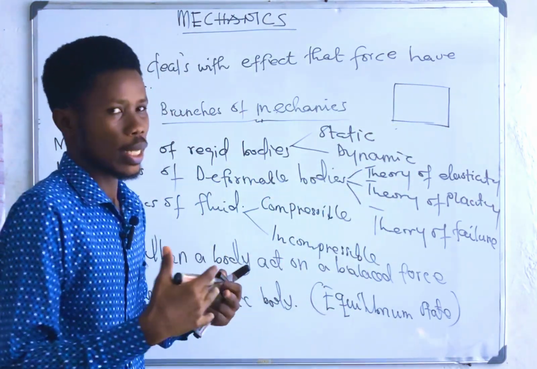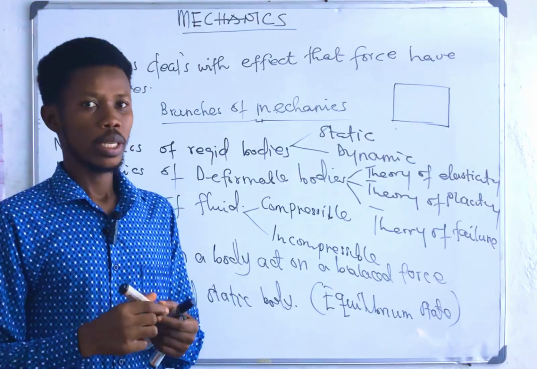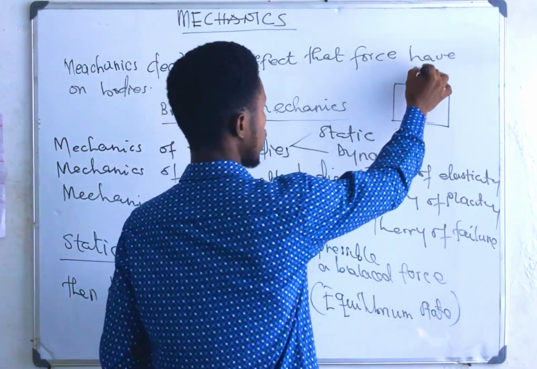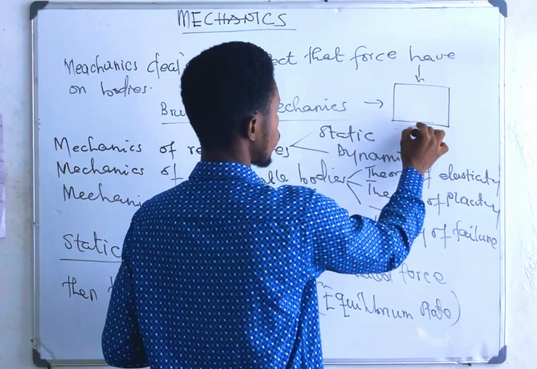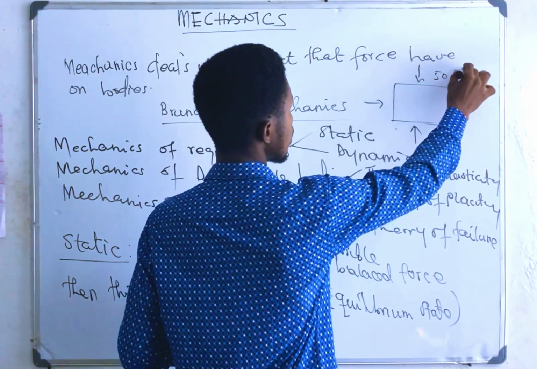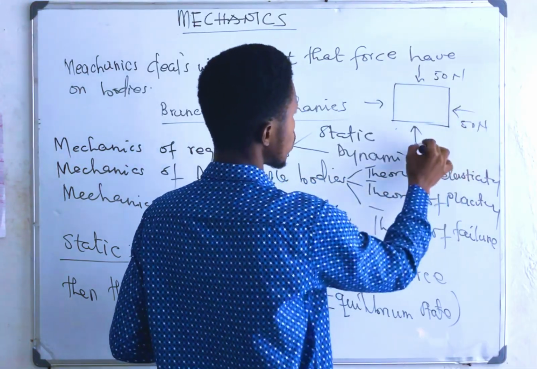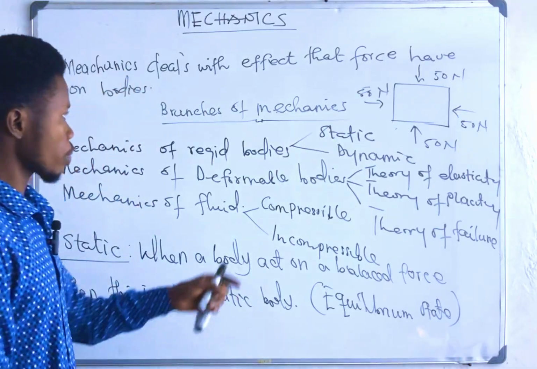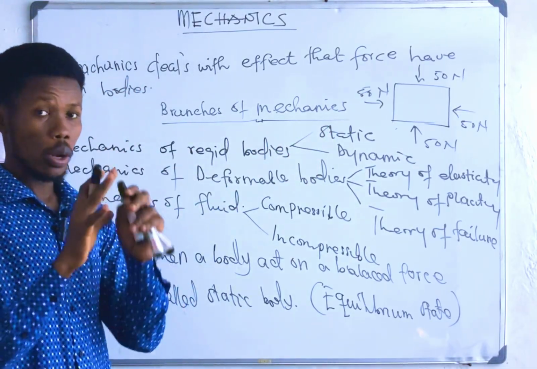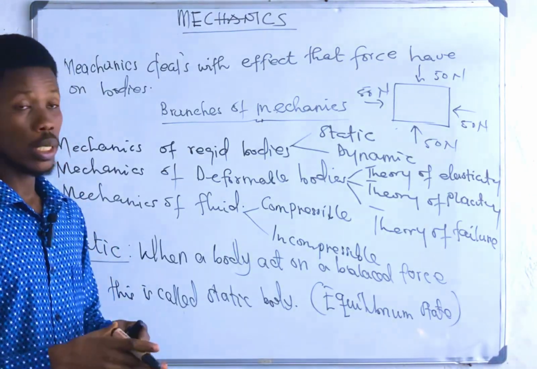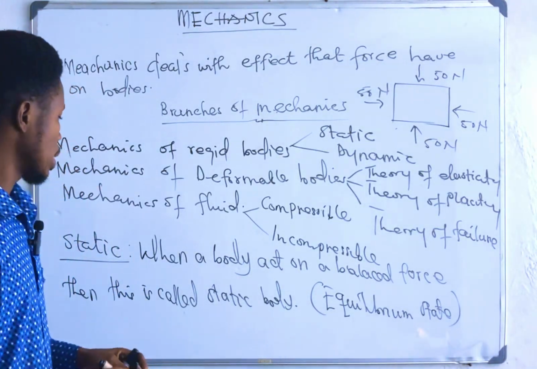You may think that it's just lying there, but no, there are forces acting on that block, and those forces are all balanced. So let's say a force is acting here, a force is acting here, a force is acting there. Let's say here is 50 Newton, here too is 50 Newton, here too 50 Newton. All the forces acting on that body are balanced. Then you can say that that body is in equilibrium state.